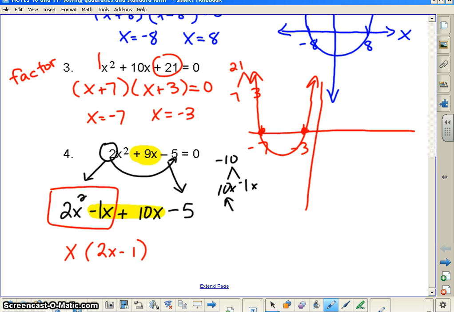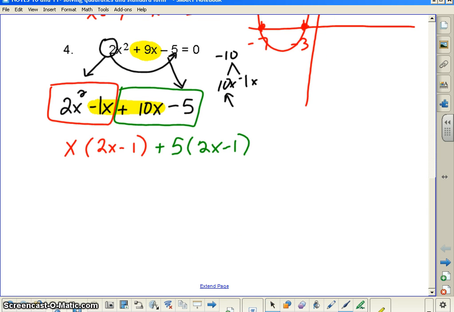And on these two numbers, I'm going to pull out the common factor of 5. So 5 times 2x minus 1. What you want to happen is for the numbers in parentheses to be the same. So my final factors would be 2x minus 1, of course, because they have that in common, and then x plus 5 is the other factor.